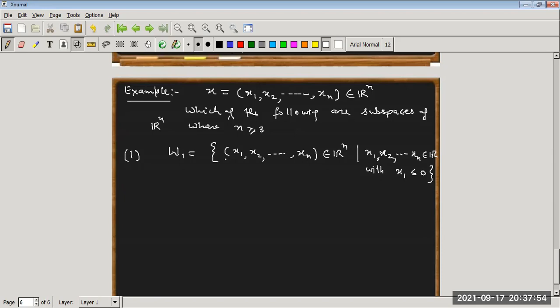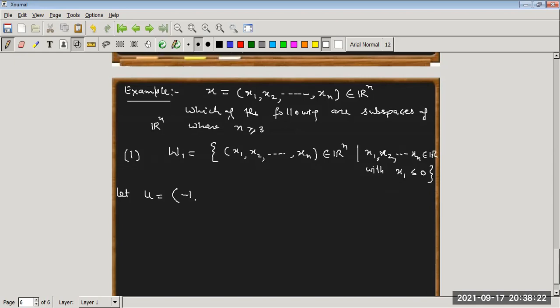In such type of cases where a condition is given, we take some particular cases. So let us choose one element. Let u equal to, or we can take x, you can take u or x, no issue. Let u equal to, first entry of W1 must be less than or equal to 0.